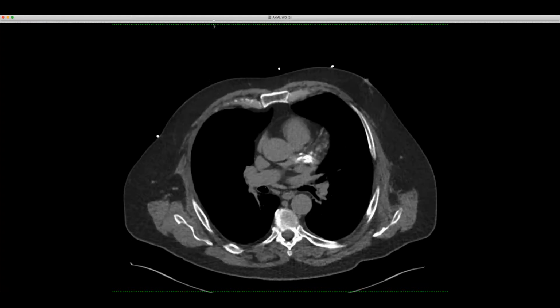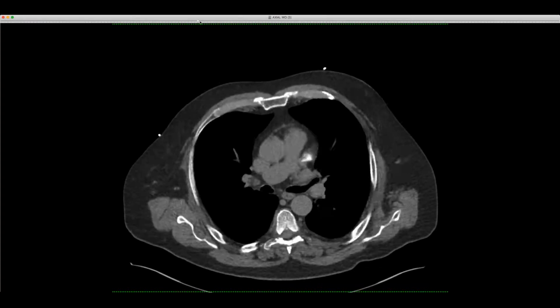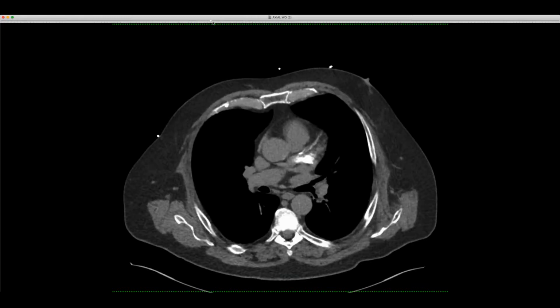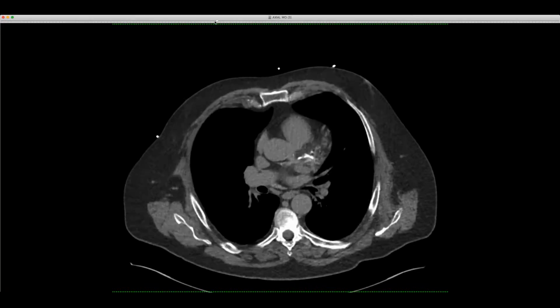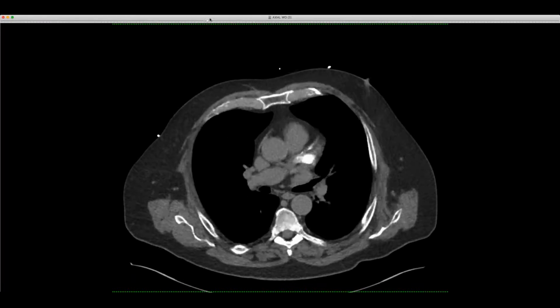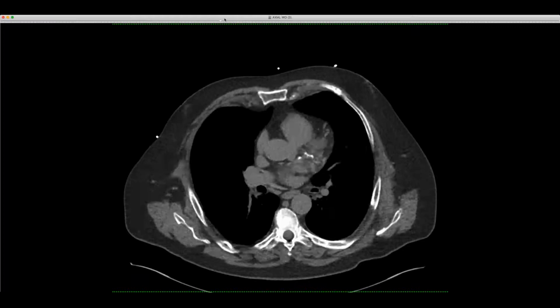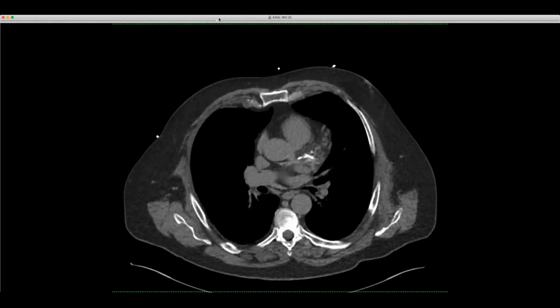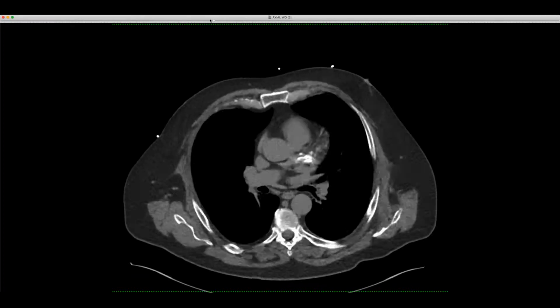And this is a case of an intracath dissection and perforation of the coronary, where injected contrast had gotten out into the mediastinum, and so we have a perforation and dissection here. So I just thought that was an interesting quick case there.